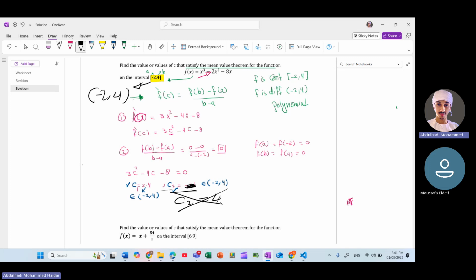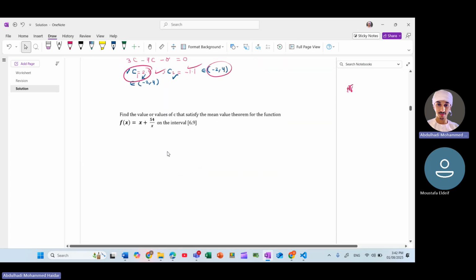Because it is not within the domain, since it's an open interval at 4. But if C2 is equal to 0, it is within, so accept it. Be careful, we don't take the closed interval, we take the open interval. So this is within the domain, yes, it is -1.1, so accept it, and that's it.